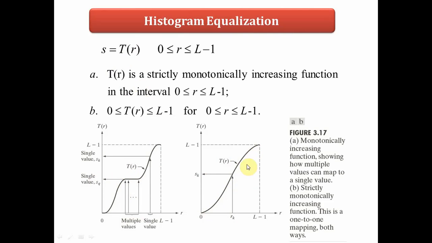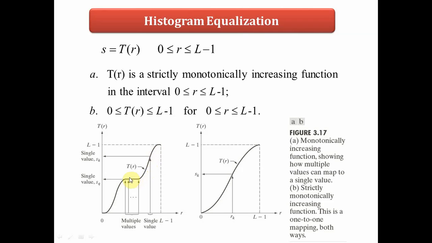So it is a monotonically increasing function, showing how multiple values can map to a single value. It is increasing, increasing, then stable for multiple values, that is a single value s_q. Again it is increasing, increasing. So it is monotonically increasing, as well as having some stable value.